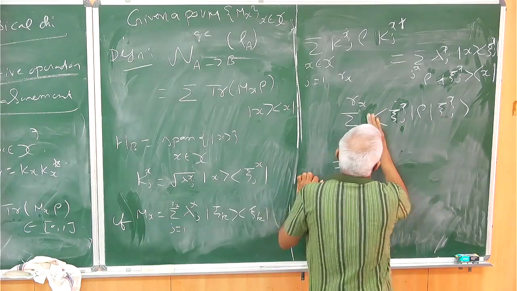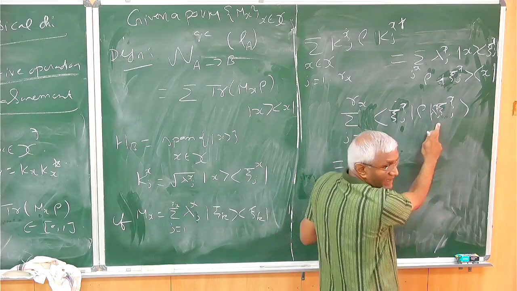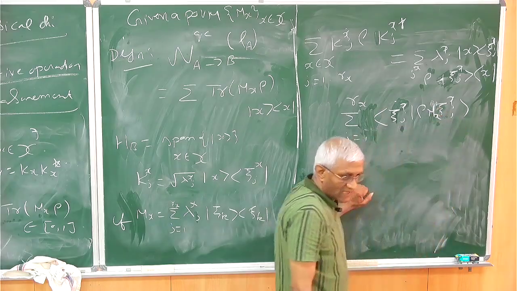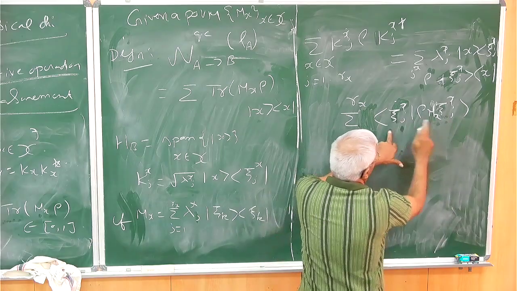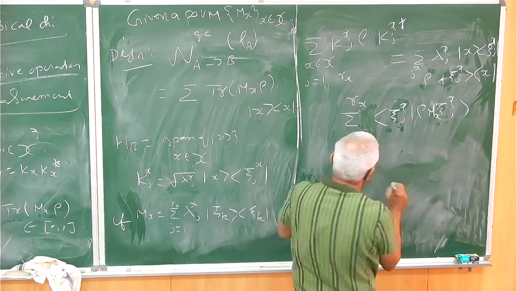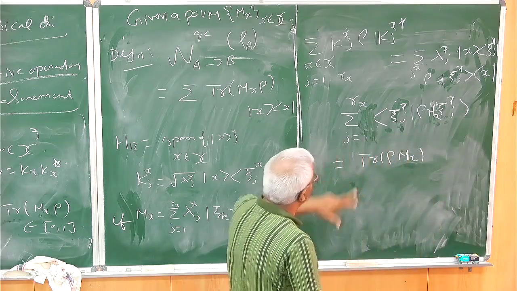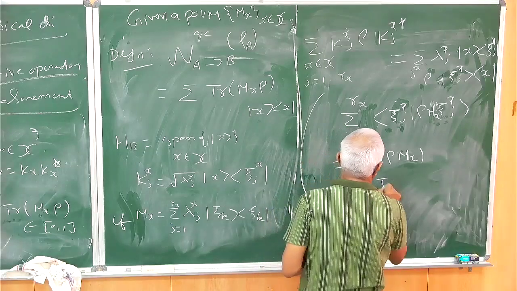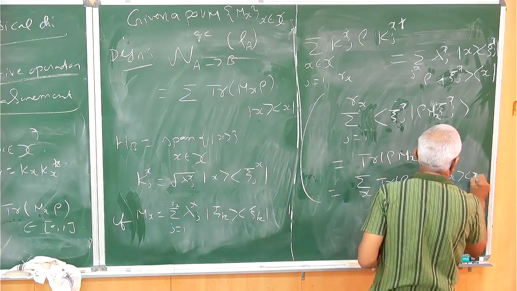So you can bring the lambda_xj here. Lambda_xj acting on this is just M_x, since they are the eigenvalues of M_x. These are an orthonormal basis, so this is just trace of rho M_x. So what we get is the summation over x of trace of rho M_x |x><x|. So this is what we want.